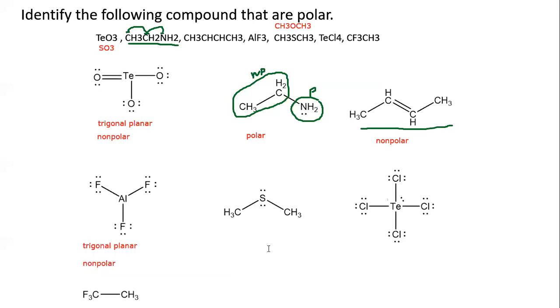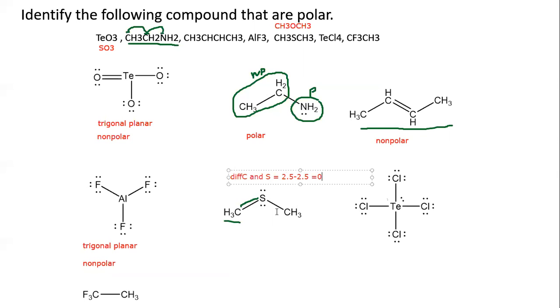Now you may say, well, a CH bond is nonpolar and a carbon-sulfur bond is also nonpolar, because if we look at the electronegativity difference between carbon and sulfur, 2.5 minus 2.5, it's 0. So this molecule contains only nonpolar bonds.